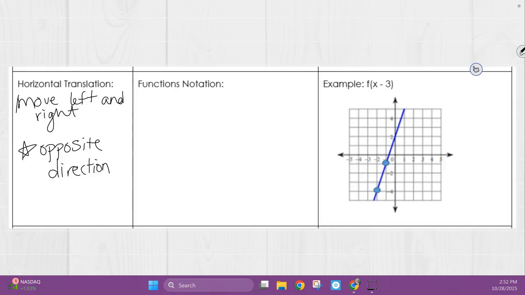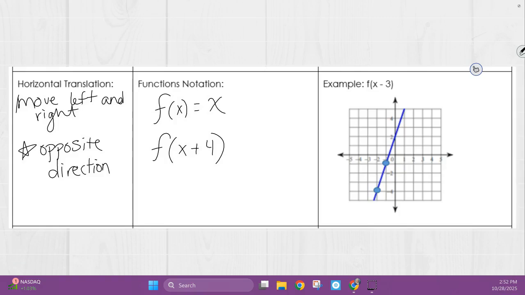So, for my function notation, if our original is f of x equals x, then I would have f of, let's say, x plus 4. So we did plus 4 for the vertical, we'll do plus 4 for the horizontal.